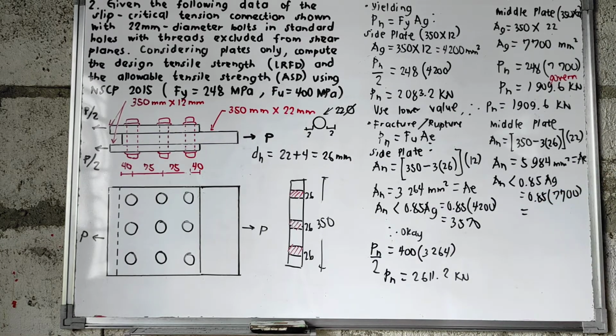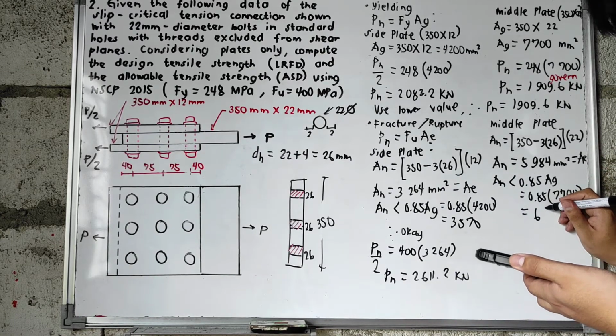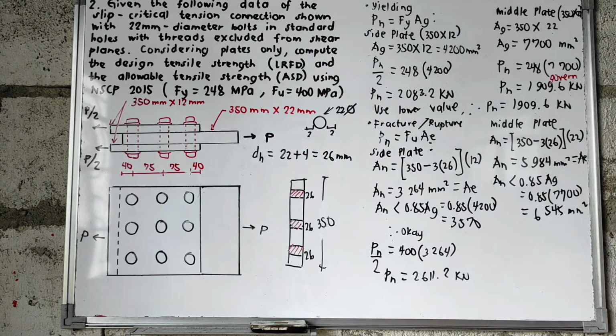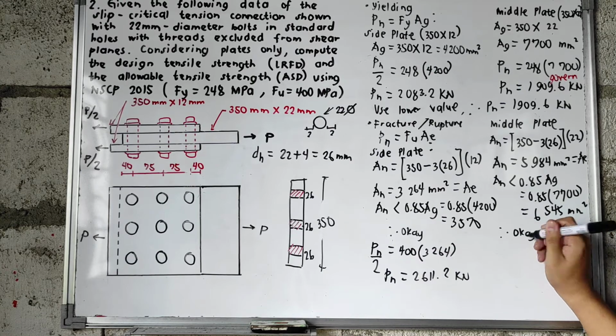So, the value ng 0.85 gross area natin is equal to 6,545 mm squared. Since less than yung value ng A sub n natin sa 0.85 Ag, therefore, okay yung area natin.